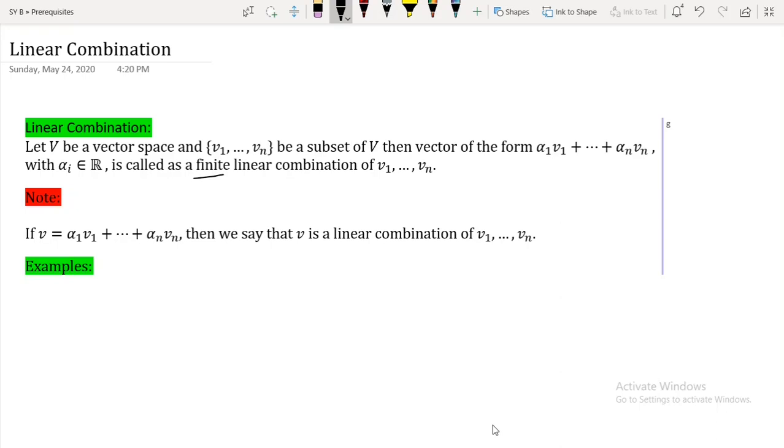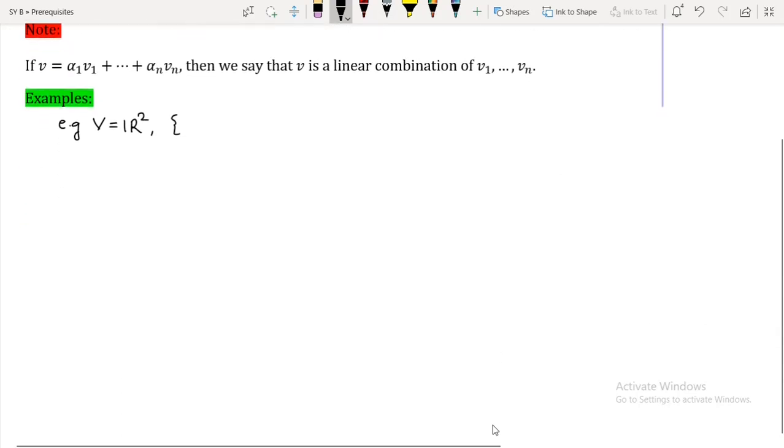So for example, suppose my vector space is R2 and I will take one subset of R2, say (2, 3) and (-1, 5) as a subset of R2.